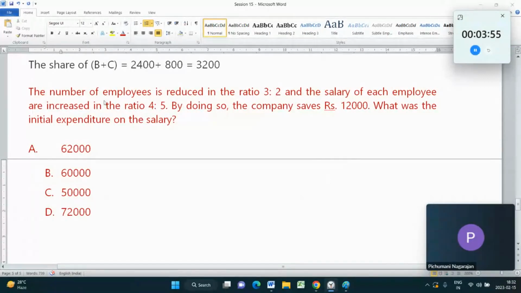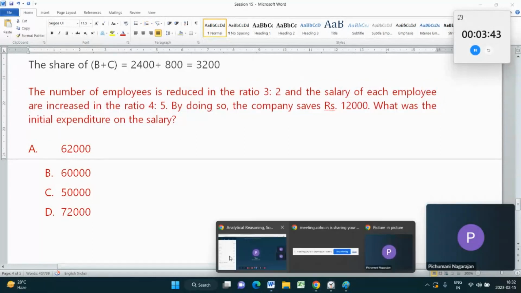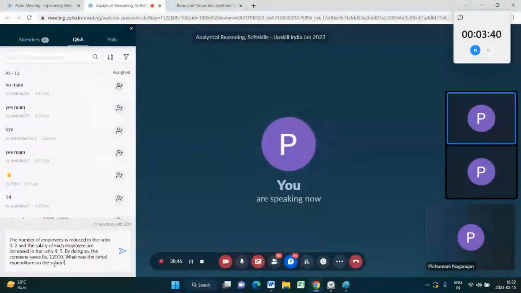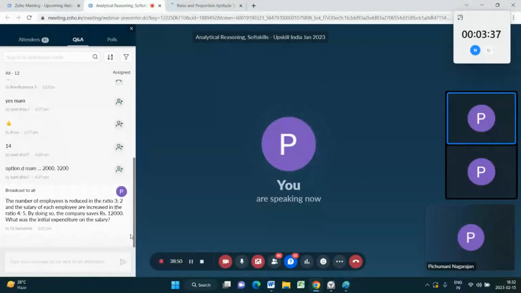The number of employees is reduced in the ratio 3:2, and the salary of each employee is increased in the ratio 4:5. I'm just putting this on the chat for you. Keep doing this problem.